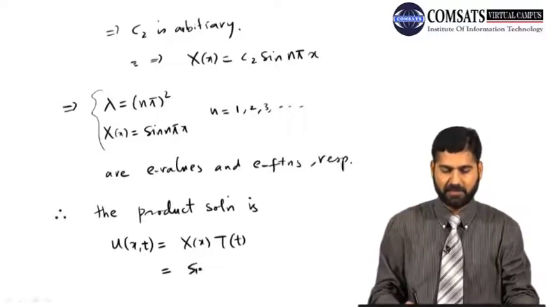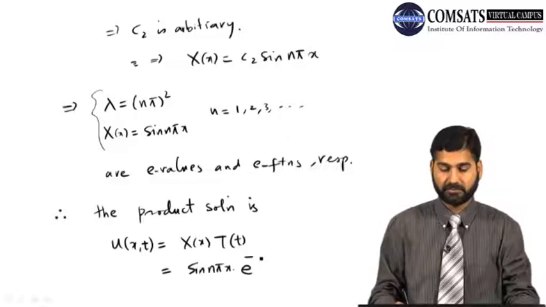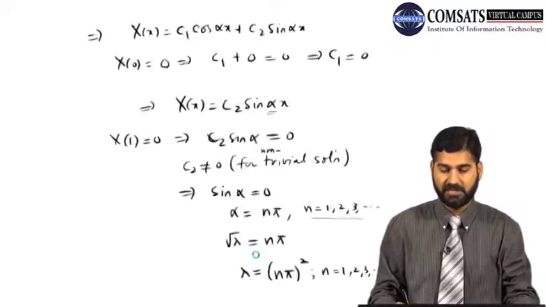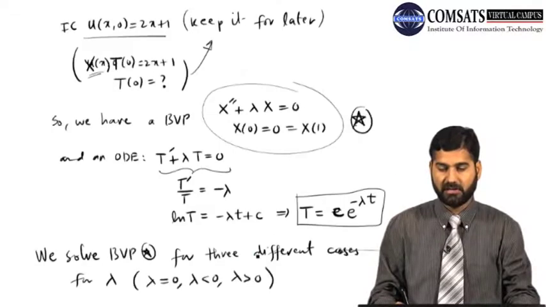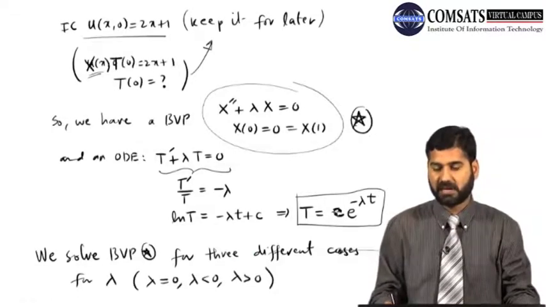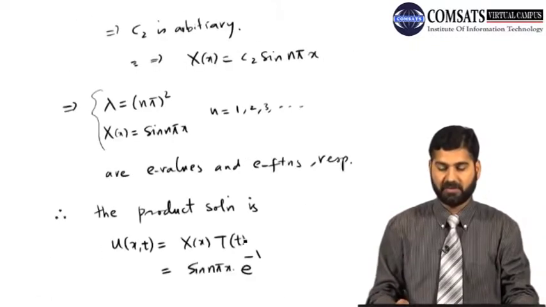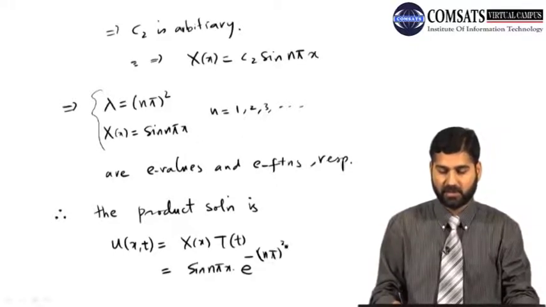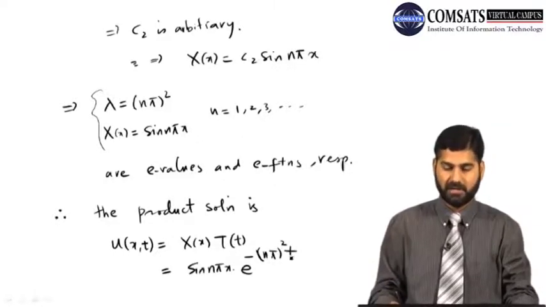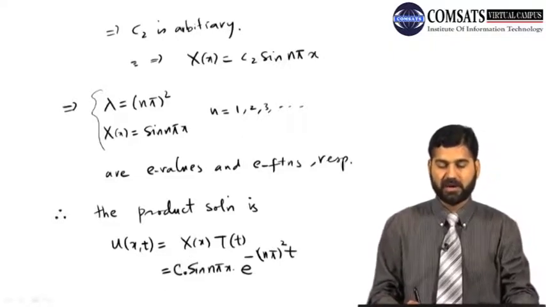X of x is sine n pi x, and T was e to the minus lambda t, right? What was T, if you recall? T was this, a constant times e to the minus lambda t. And what is lambda now? I can replace the value of lambda. Lambda is n square pi square. All right? The constant you can write up front. So this is your product solution.